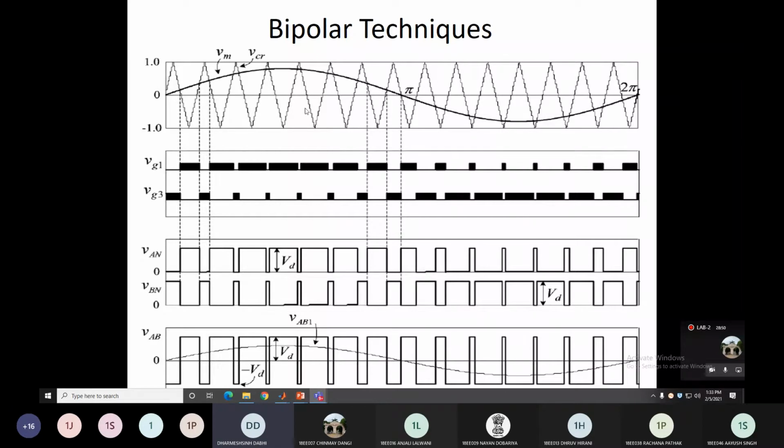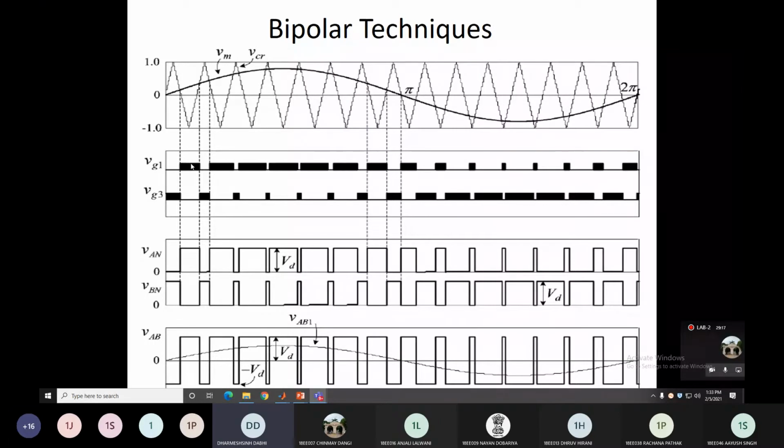The logic is, when your reference signal, the sine wave, is greater than the triangular wave, at that time generate the gate pulse. You can see here from this point to this point, your reference sine wave is greater than this triangular wave. So at that time the gate pulse is generated, which we call VG1. During this interval the reference is greater than the triangular wave, so that generates the gate pulse.